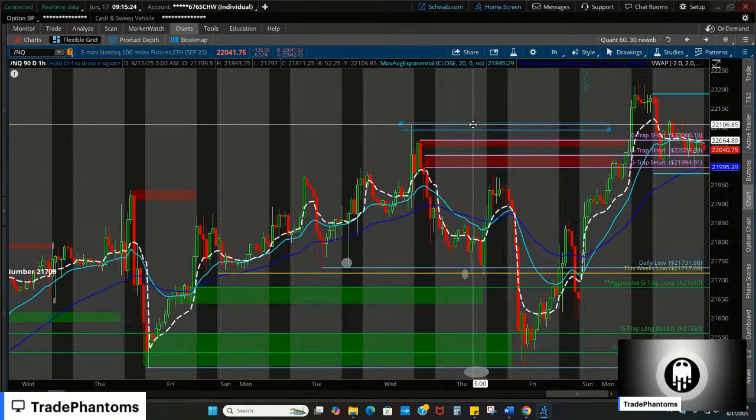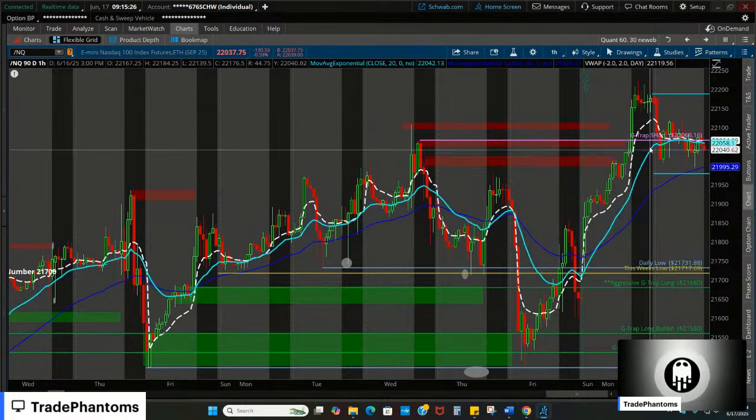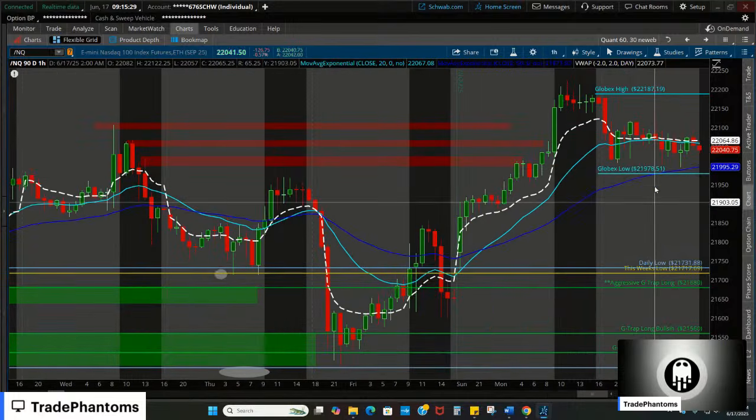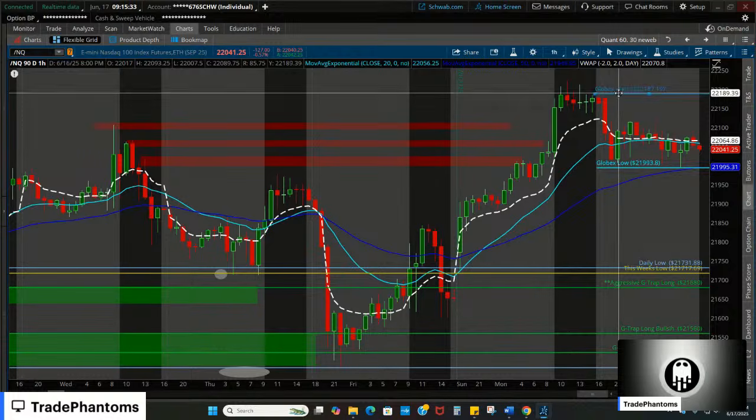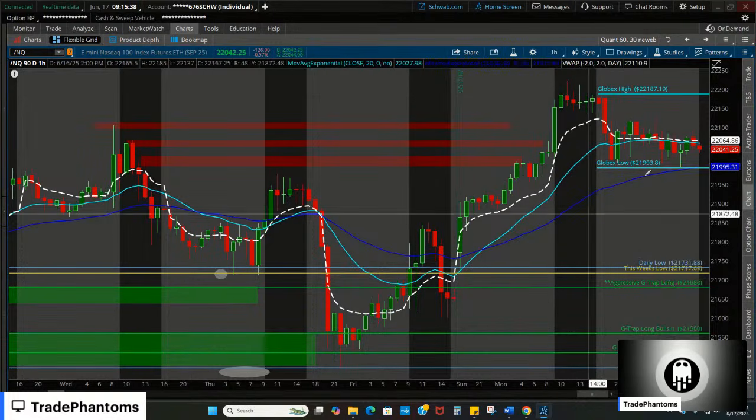But I gotta delete the lines, update this real briefly here. All right, below Globex low. Set Globex low here. Globex high here. And institutional level of demand below Globex low.